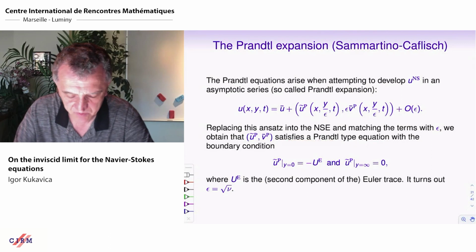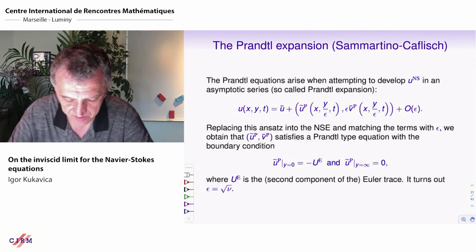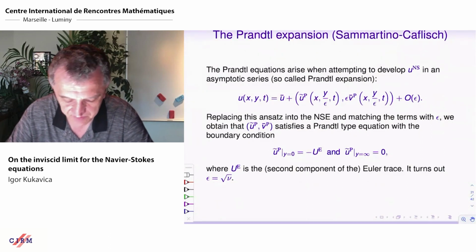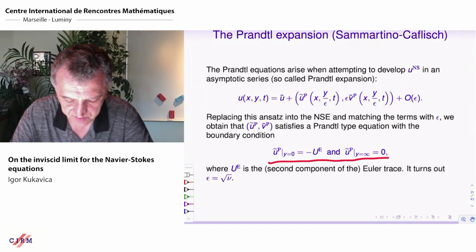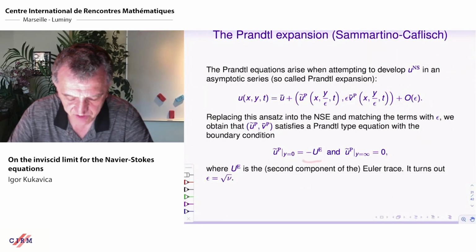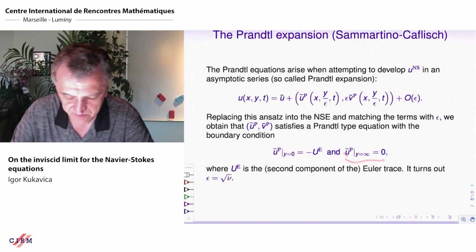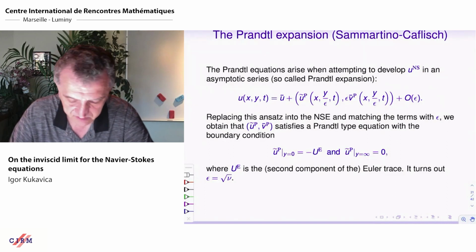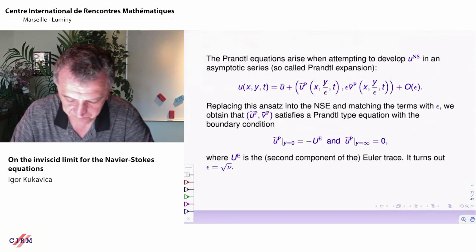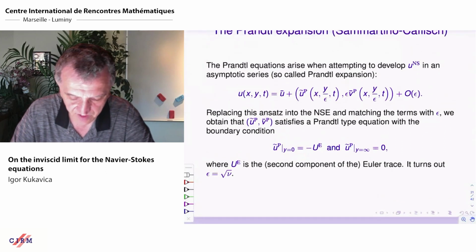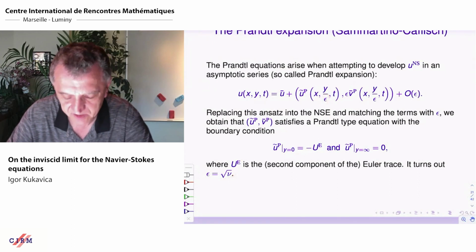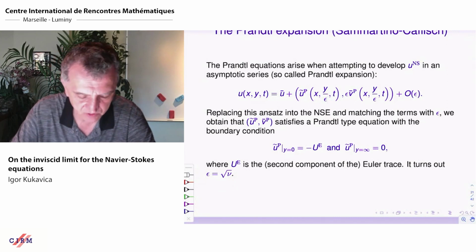So Prandtl is one of these equations which arises in connection to the Inviscid limit, and the boundary conditions are matching with the Euler or negative Euler, like the Kato corrector. So it turns out that the scale we have to take is square root of nu. If you plug this in, due to two derivatives in y, you will get epsilon squared. So epsilon squared has to be nu, or epsilon must be square root of nu.